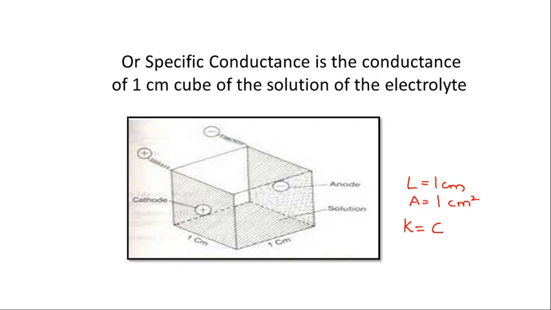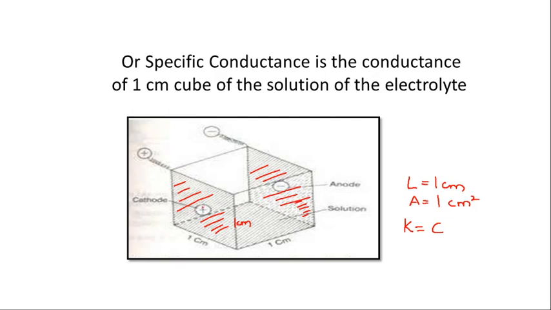Now, length is 1 centimeter, area is 1 centimeter square. If I take a box, a cubic box, which means all the sides are equal to 1 centimeter. This is 1 centimeter, this is 1 centimeter, this is 1 centimeter. Okay, so it is a cubic box. Now, if I consider this side as one plate of the electrode and this side as another, the opposite sides.